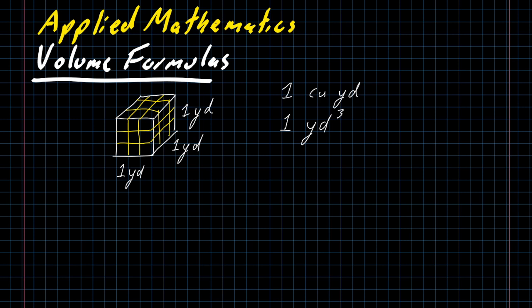If you think about trying to count this up, all told, I end up with 27. There's 9 in the face, and then 9 more in the second row, and then 9 more in the back row, 1 foot by 1 foot by 1 foot cubes. So 1 cubic yard is the same thing as 27 cubic feet.